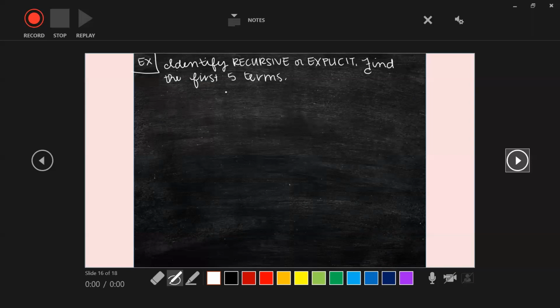So we are going to be given some a sub n equals a sub n minus 1 plus n plus 2, where a sub 1 is equal to, let's say, 7.